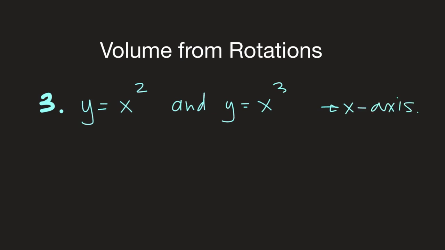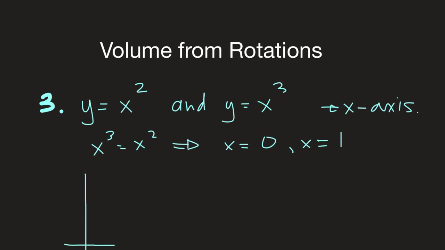These have two points of intersection. x squared equals x cubed when x equals 0 or when x equals 1. Those are the only times when 0 squared equals 0 cubed or 1 squared equals 1 cubed. So those are going to be your bounds of integration.